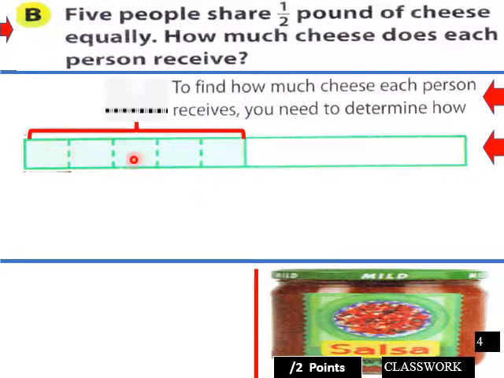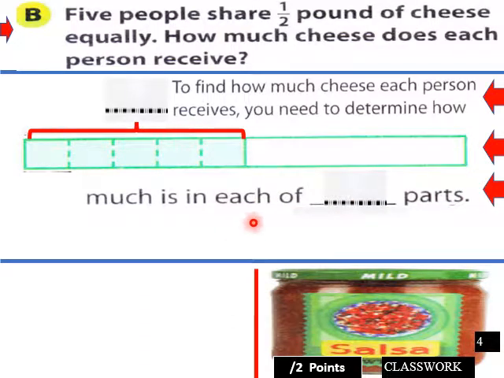In our area model, here are our 5 people. How much cheese would each of the 5 people get if they divided up a half-pound? What size of a pound is each one of these sections?